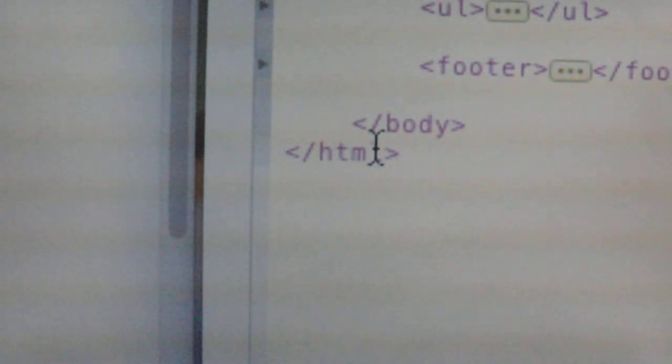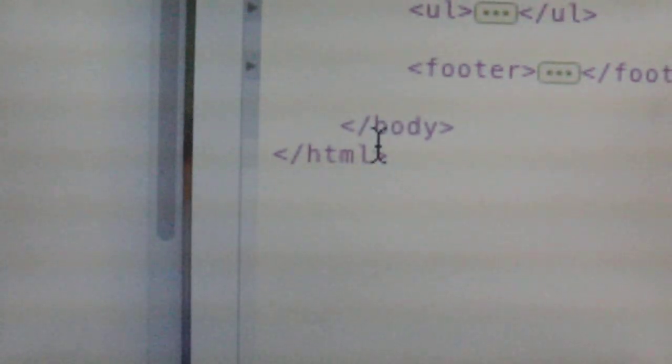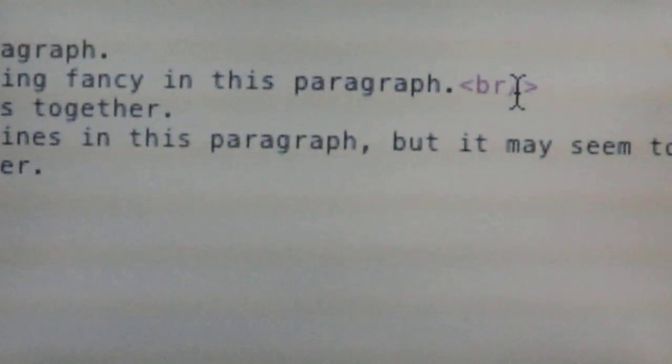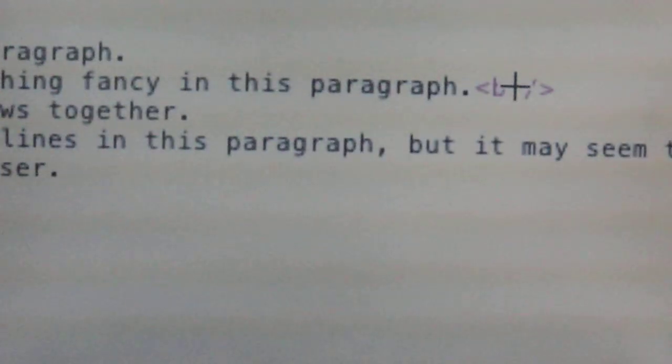Most tags in HTML occur in these pairs. There's a few that are not required to be paired, such as BR, and most of those have a slash at the end.